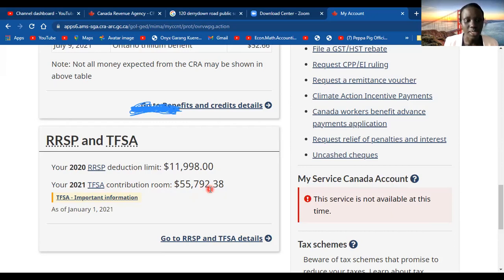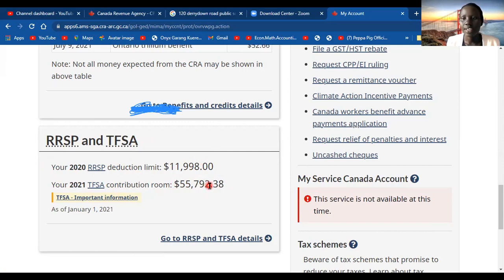If I put my money in the TFSA and invest it, and it has a capital gain, because the investment is inside the TFSA, the capital gain is not going to be taxed, because it is in the tax-free savings account. Maybe I have used part of it, but not all of it, because I have not saved that kind of money. So this is where you check your RRSP contribution room.